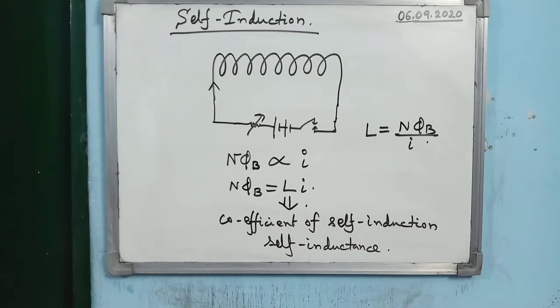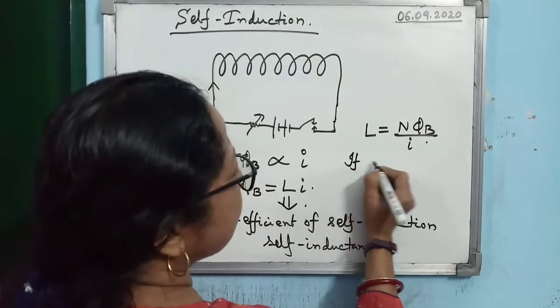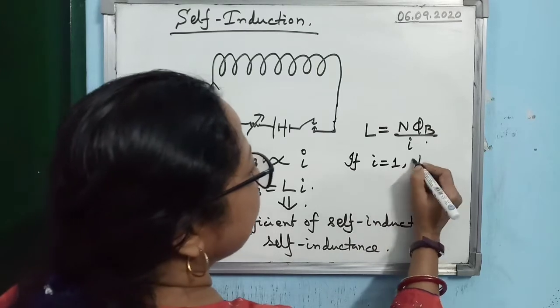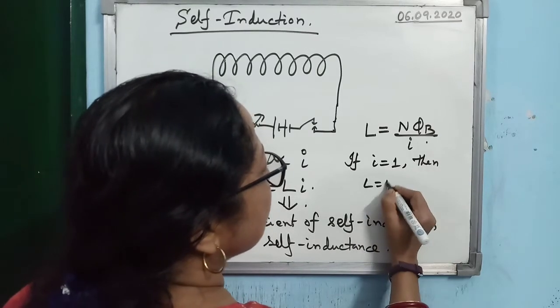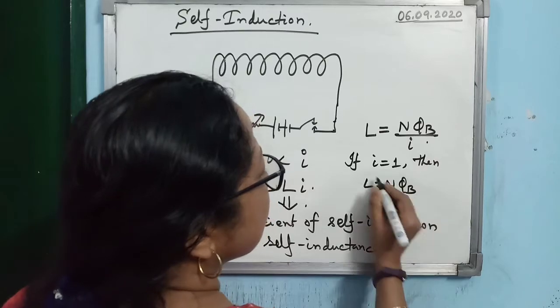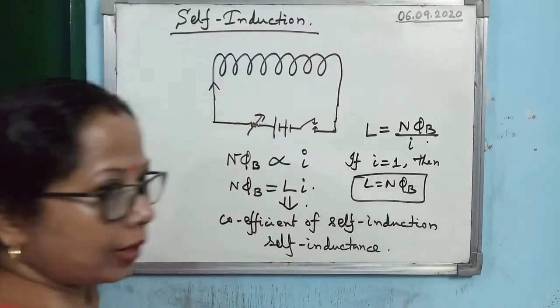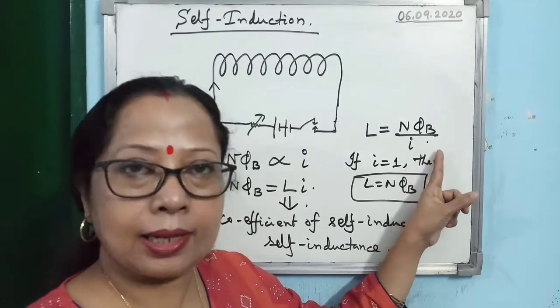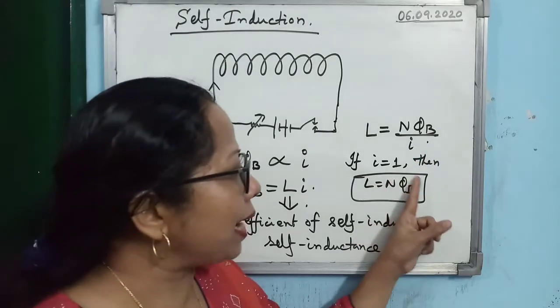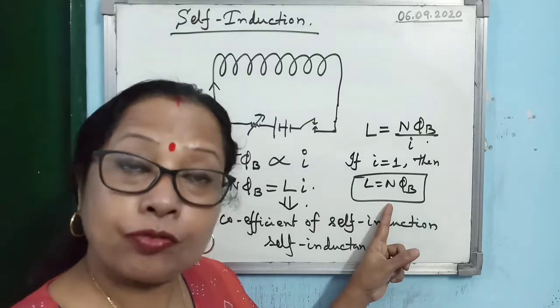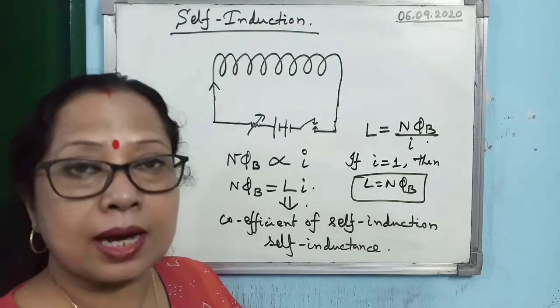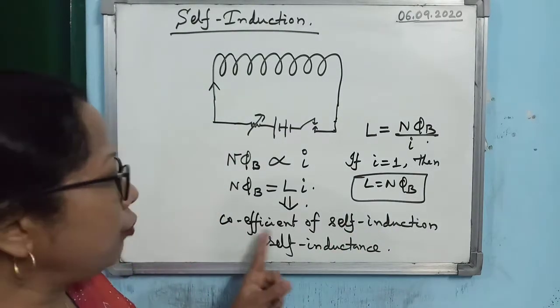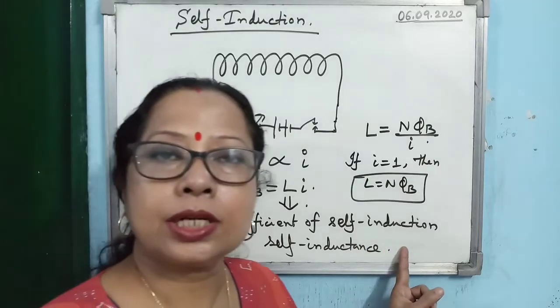So how can you define the self-inductance? You see here, if I is equal to 1, then L is equal to N phi B. So you can define it this way: when unit current flows through the coil, then the total magnetic flux linked with the coil gives the measure of the coefficient of self-induction of the coil.